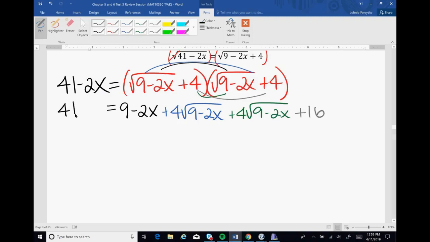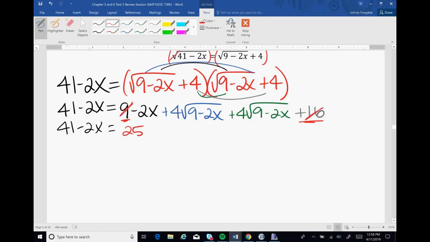Remember, the left side is just kind of hanging out. So let's see if we have any like terms we can combine. So I've got a few on the right. So let me just rewrite the left side. So on the right, I've got 9 plus 16. 9 plus 16 is 25.